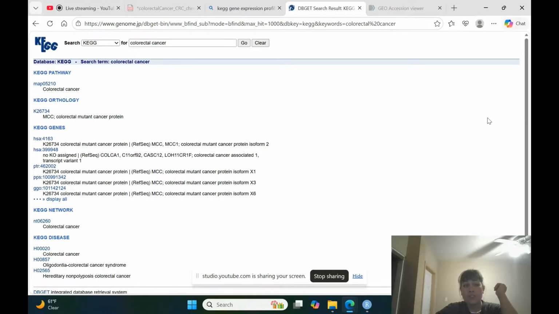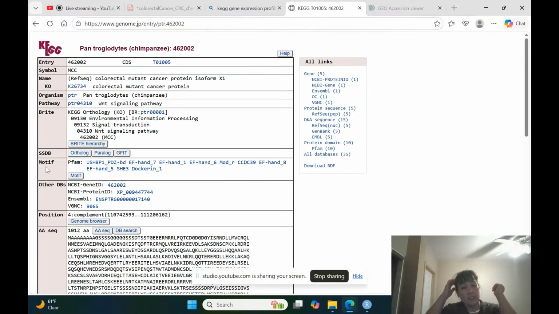KEGG genes. Let's just click on some of these. I haven't really done this before, but I've explored it a few times. All right. So symbol MCC seems to be a gene target.